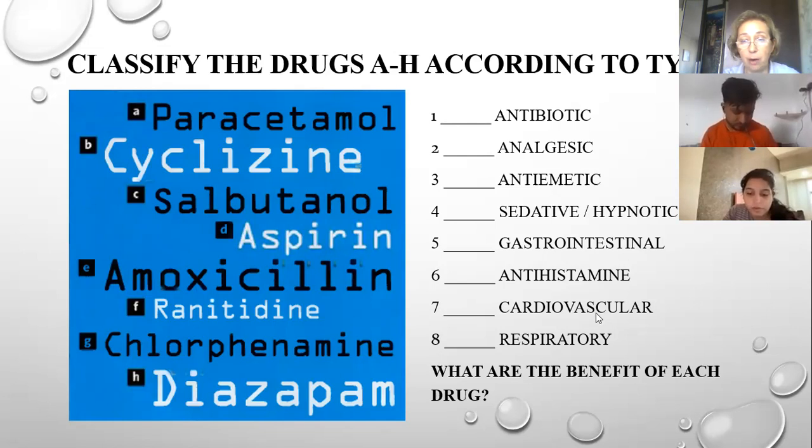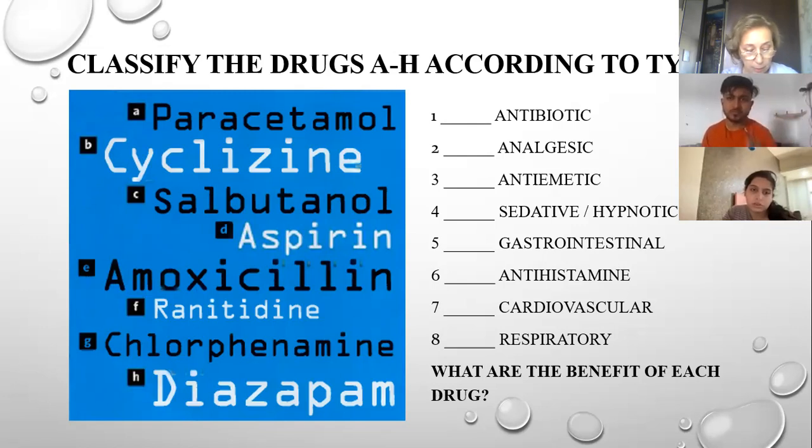Then we come to cardiovascular. Which of them is cardiovascular? Aspirin, which thins the blood. Then there is the respiratory type of drugs, and here we should write amoxicillin.